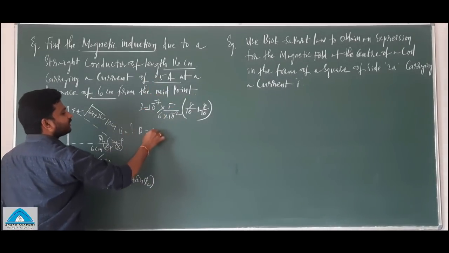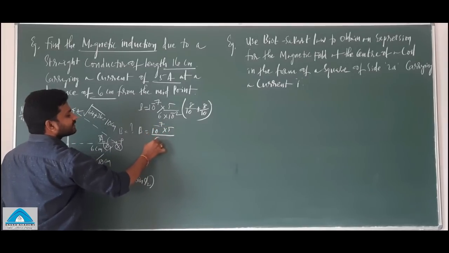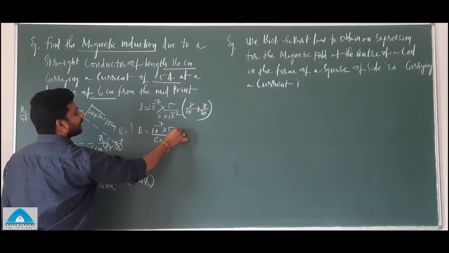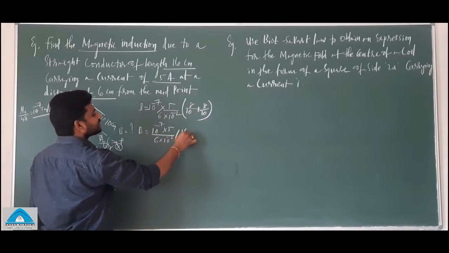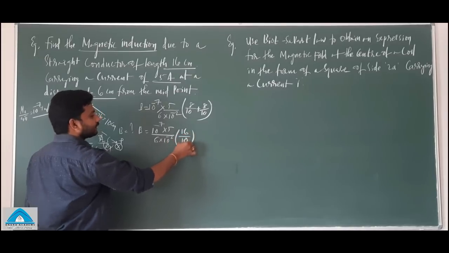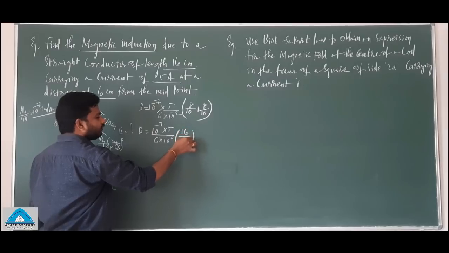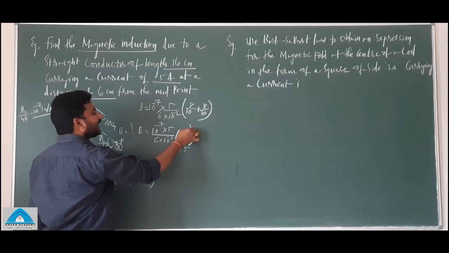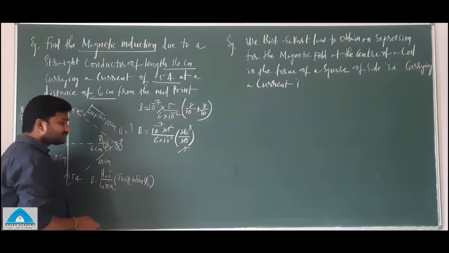You can write here 10 raised to minus 7 into 5 by 6 into 10 raised to minus 2, into 8 plus 8, which is 16 by 10. Understand? So what can I write here? 2 5s and 2 8s, right? So this 5 cancels.